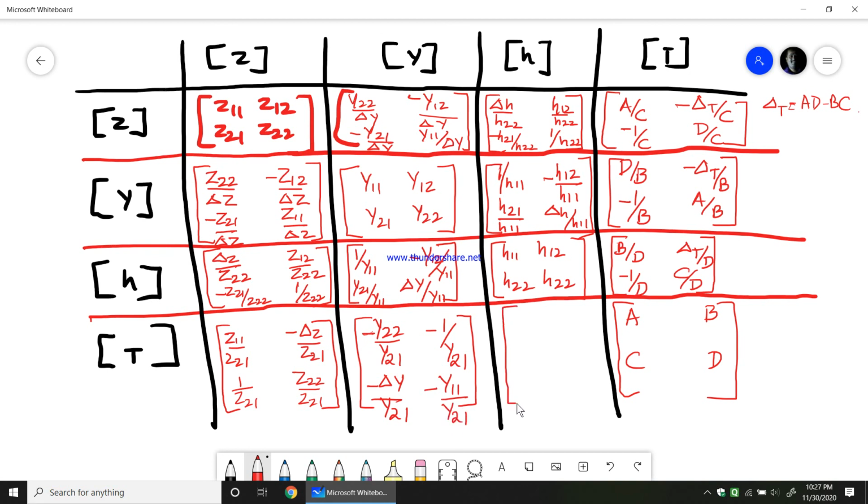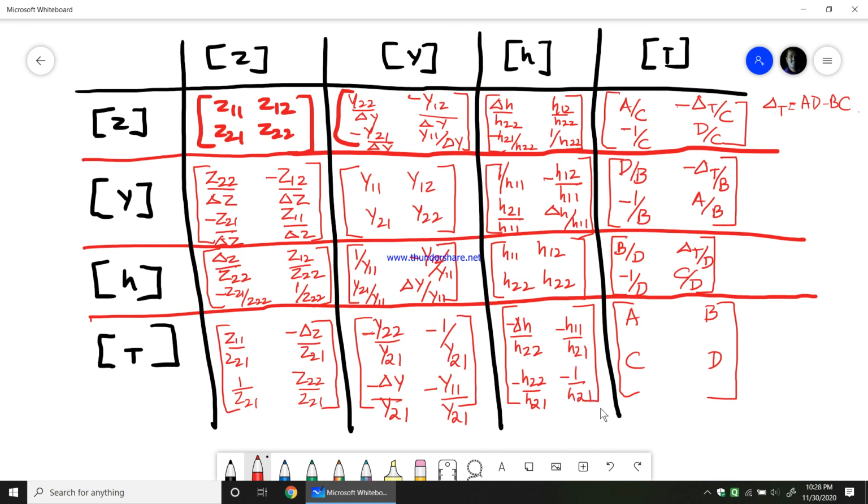Now T in terms of H parameters. So A equals minus delta H by H22, B is minus H11 by H21, C is minus H22 by H21, and finally D is minus 1 by H21.